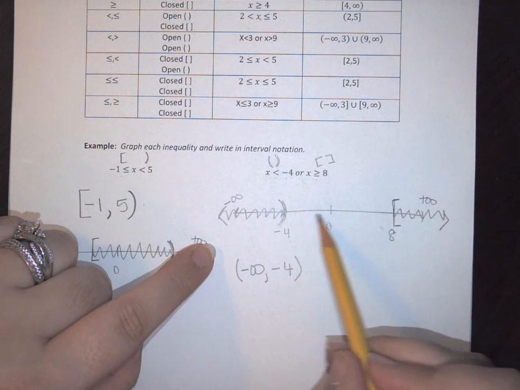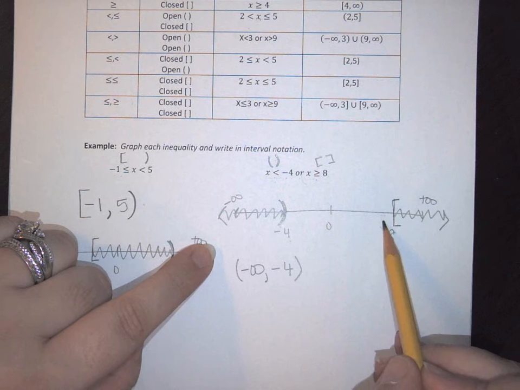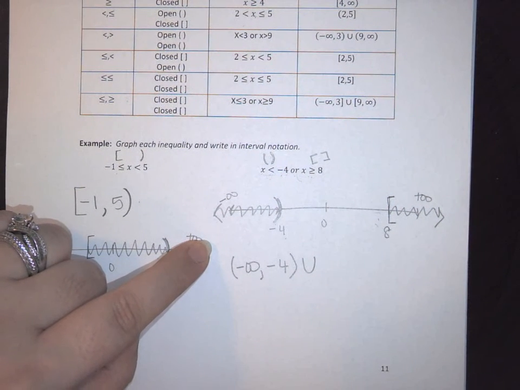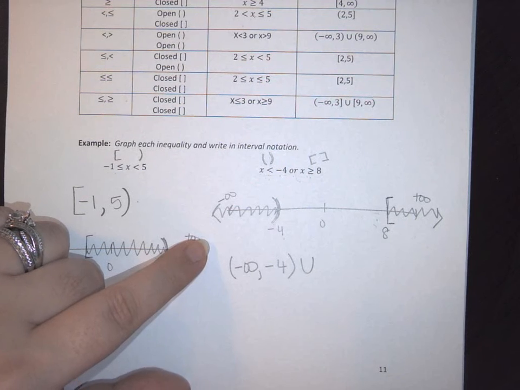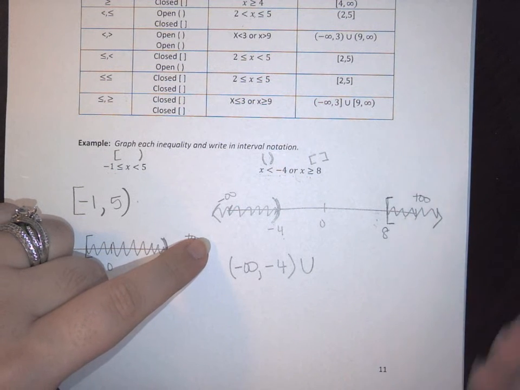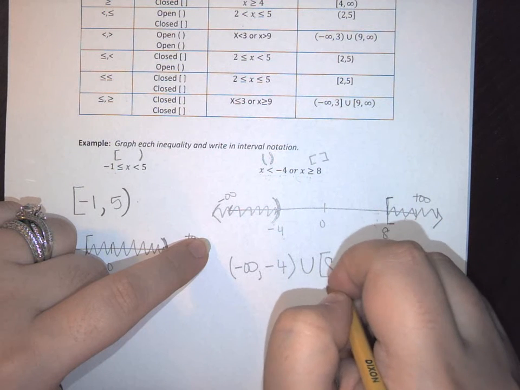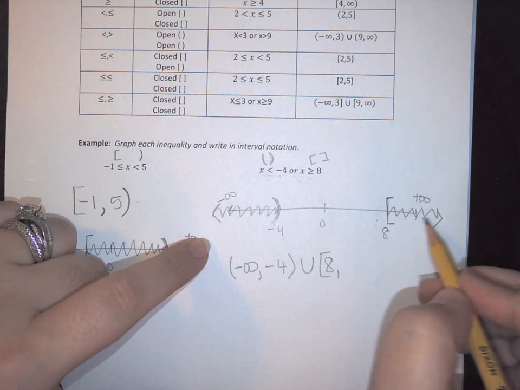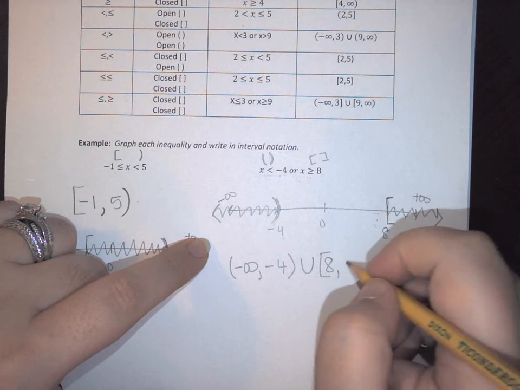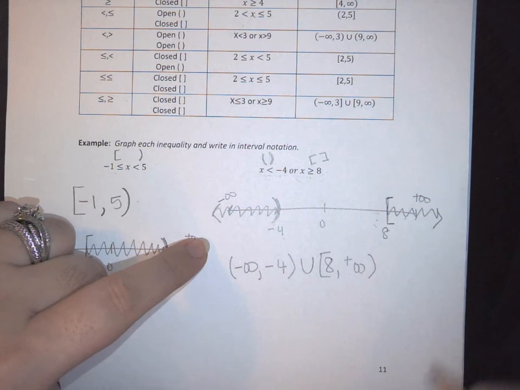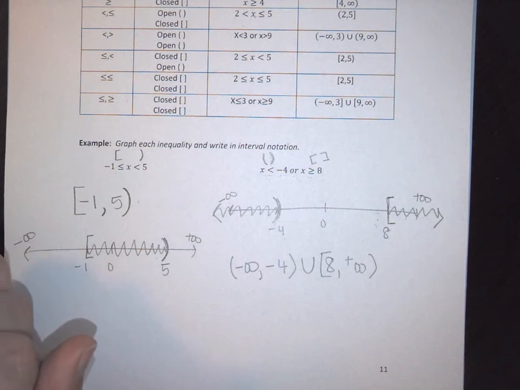Now we have this whole big group of empty space, so we represent that here with the little U looking thing. That means union. Then on this other side, I start with a bracket. So I'm going to open my bracket here. That starts at 8. And I'm going to travel all the way up through positive infinity. So I'm going to put in my positive infinity here. And then I'm going to close it with my parenthesis.